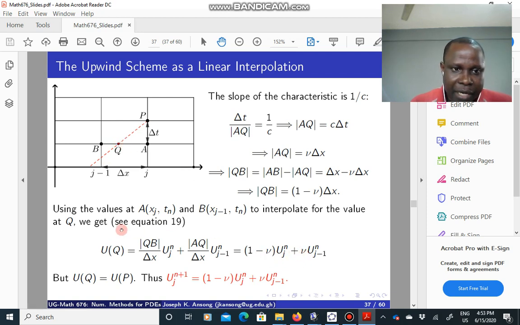But again, the value of u at Q is the same as the value of u at P because the value of u is constant along the characteristic, which means that the value of u at Q can be replaced by the value of u at P, which is u_j^{n+1}, and that should be equal to the right hand side. And so you can interpret the Upwind scheme as a linear interpolation from Q to P.